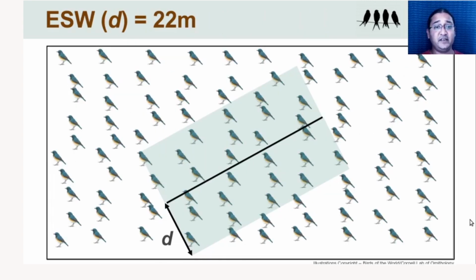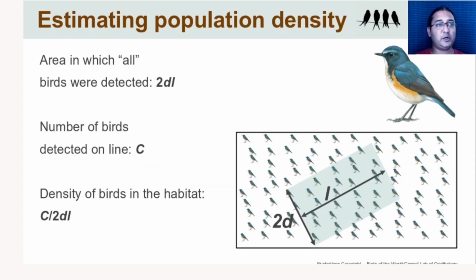So in this case, the effective strip width is 22 meters from the line, based on our relationship between distance from the line and the number of birds seen, and assuming that all of these birds are randomly distributed in the habitat. And so how do we calculate the population density of these birds here?